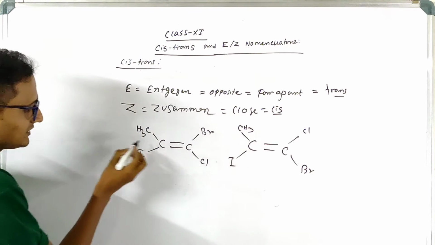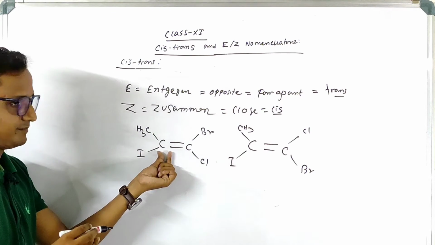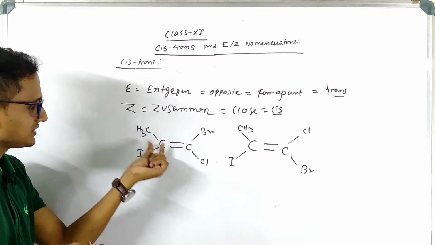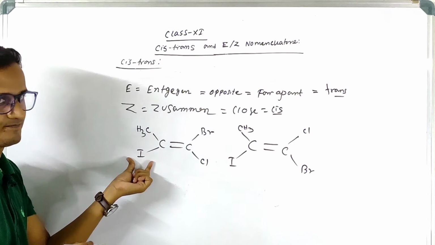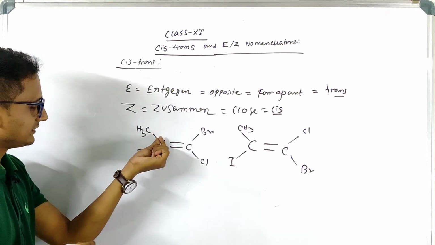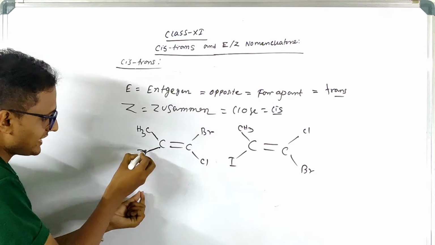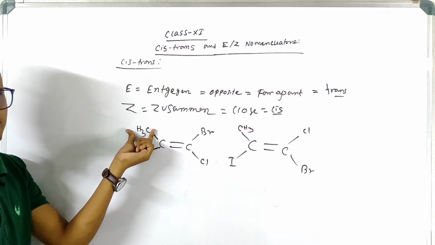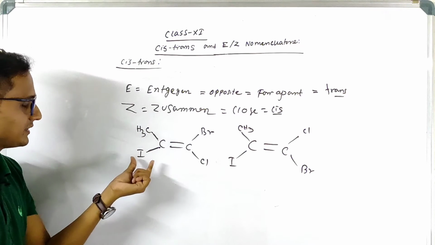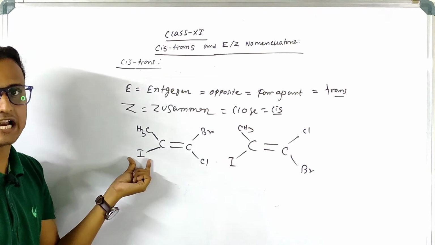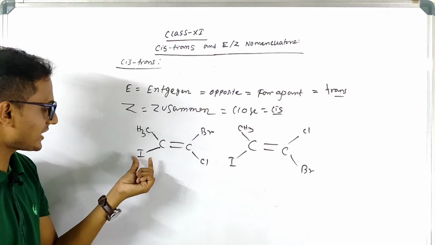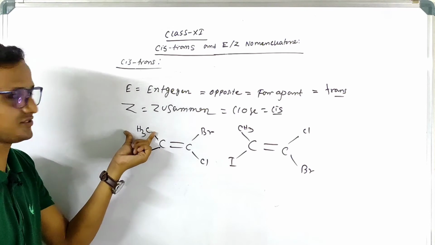First of all, we will see the one side carbon. Pick this carbon first and see the groups attached to it. Here iodine has a higher atomic number than the CH3 group. So in the priority order we first look at the atomic number. Iodine will come first, then CH3.